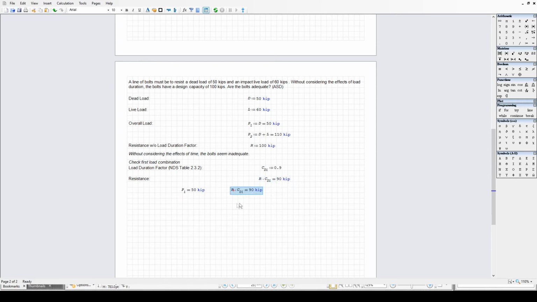And just for completion's sake, I can say that is less than or equal to this. So we are adequate, again, because this is load combo 1, and this is our design capacity.